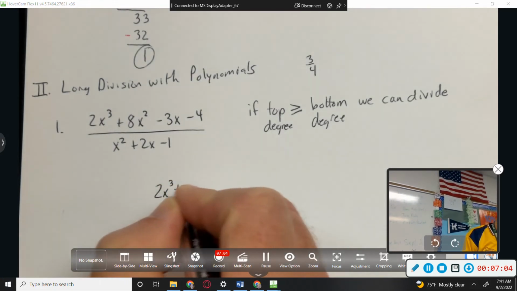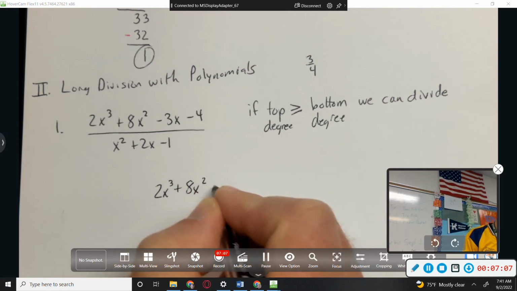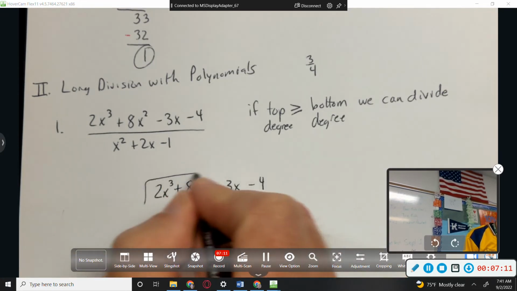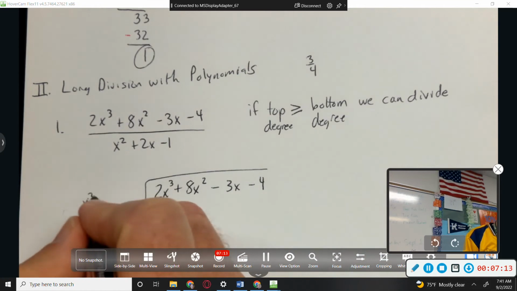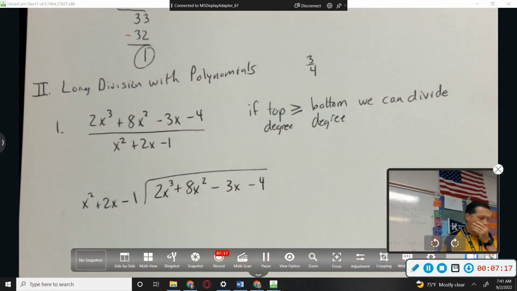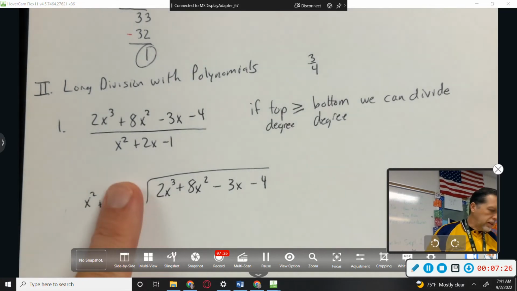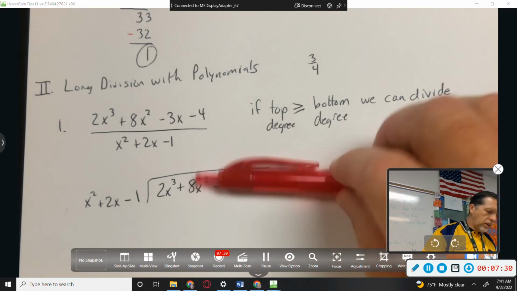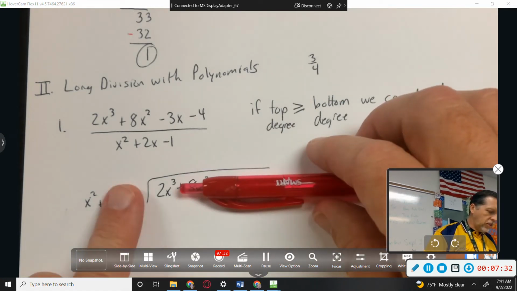So we'll set it up just like we did the elementary school problem. And kind of like we did earlier, the lead terms are the important terms, so I can ignore a lot of this stuff, at least initially.